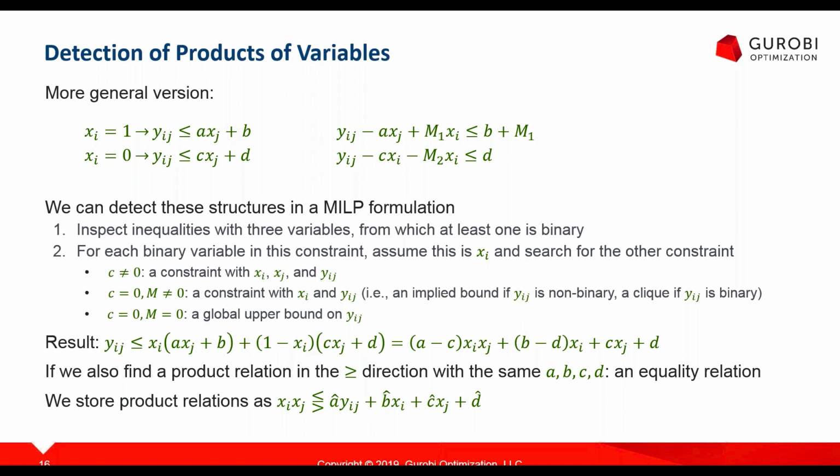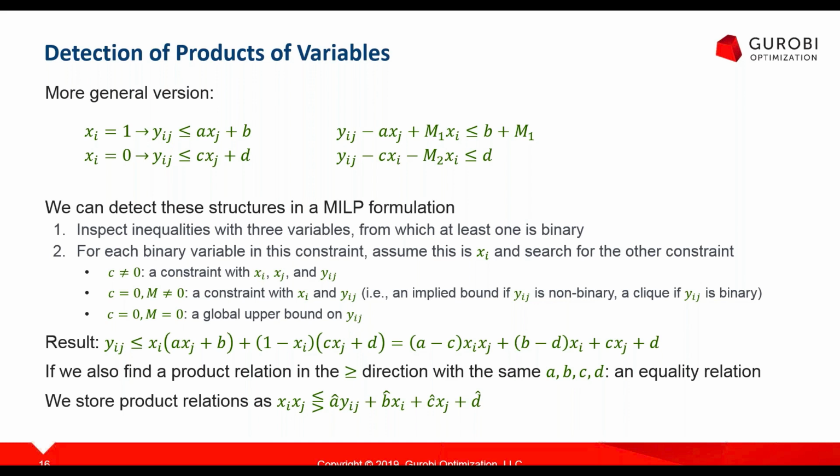And the other implication of this pair is that if the binary variable xi is equal to 0, then the same variable yij is smaller or equal to an affine linear constraint of the same variable xj. And if you translate these indicator constraints into linear constraints, then you see this big M formulation that you have here on the right-hand side, with the big M chosen large enough such that the constraint becomes redundant if the xi variable is set to the opposite value. So those are the constraints that we want to find.